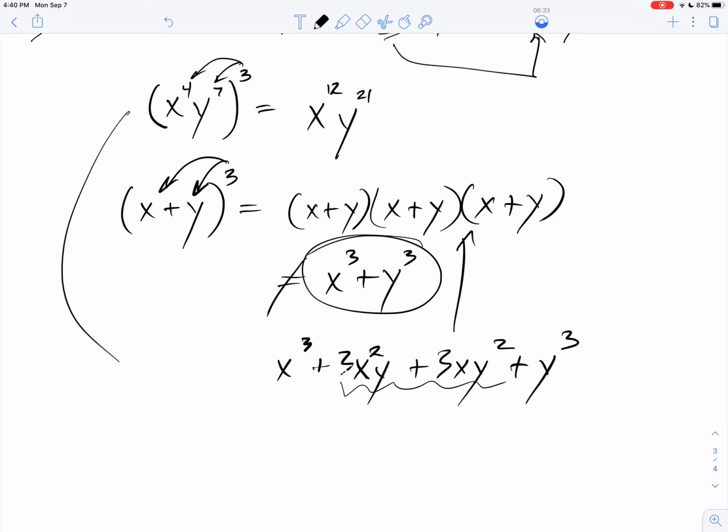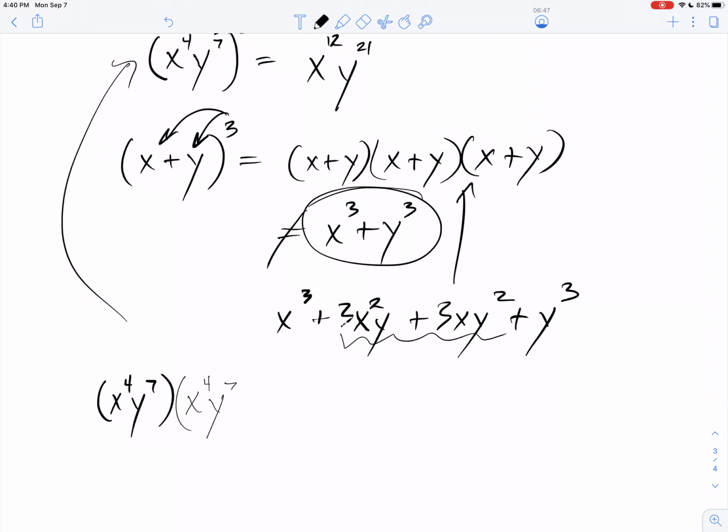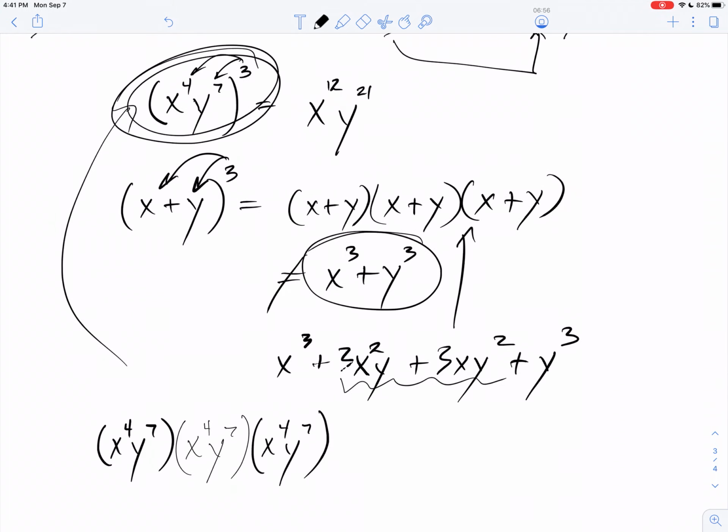So people say, well, then how come I can do it here? How come I get to do the trick right there? Well, let's examine that. If I had x to the 4th y to the 7th times x to the 4th y to the 7th times x to the 4th y to the 7th, that would be the same thing as this. But see, these are not binomials. I don't have to FOIL any of this junk.